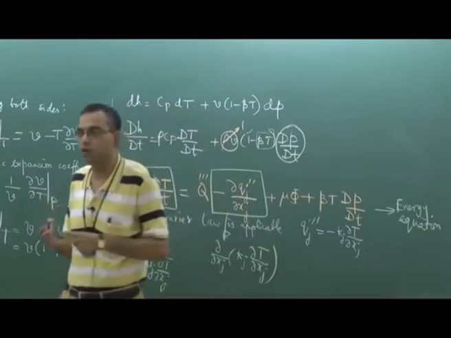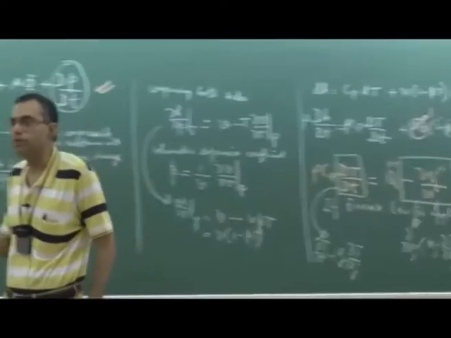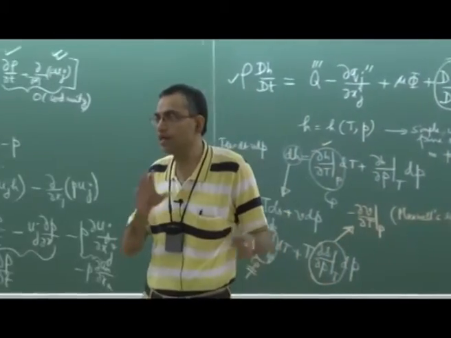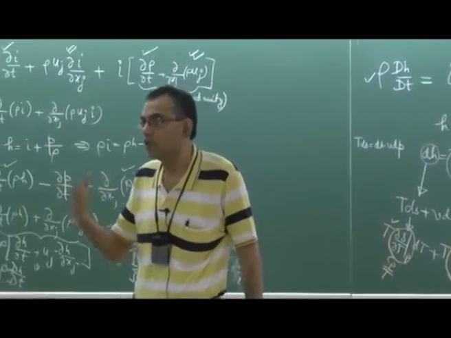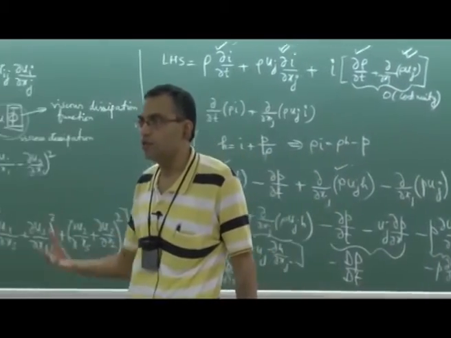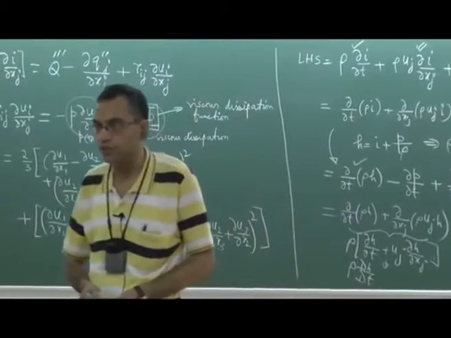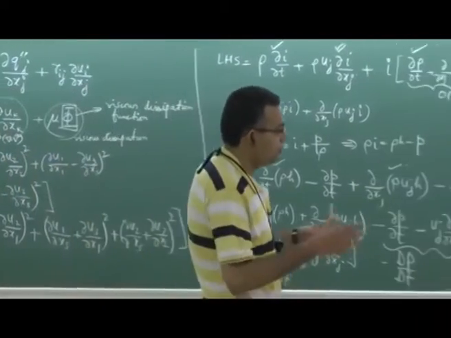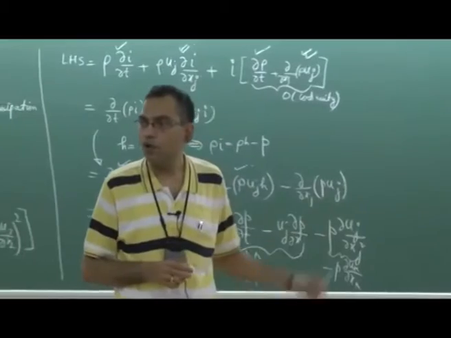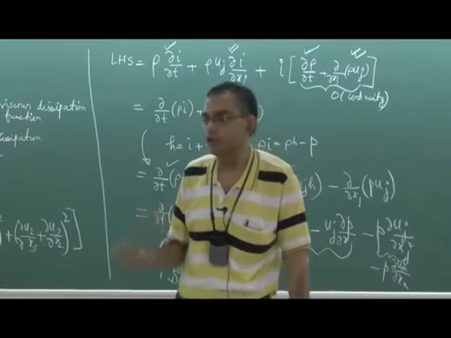Since in this particular course we will deal with incompressible flow, we will not consider that term to be any more important for the discussions and for the problems that we are solving subsequently. Okay. But wherever compressibility effects are important, that last term is important.